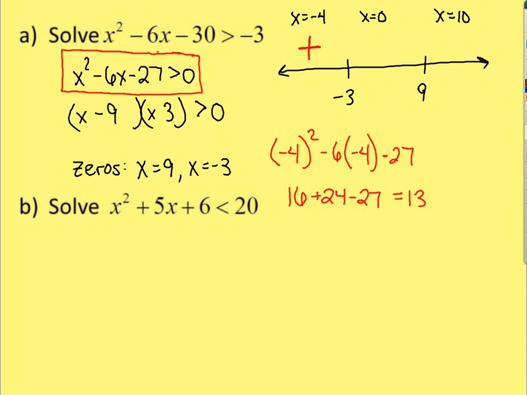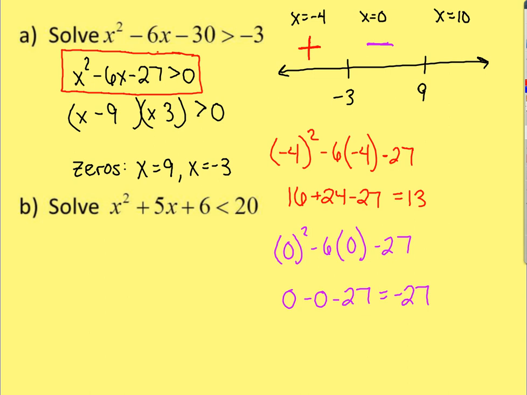Now we're going to plug in something from the interval of negative 3 to 9, which in our case we chose 0. So when we plug in the value of 0, we get a negative 27. This is a negative value, so this means all of our y values between negative 3 and positive 9 will be negative.